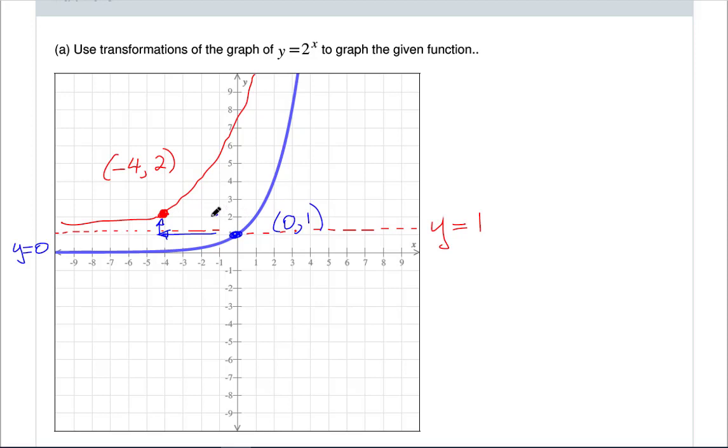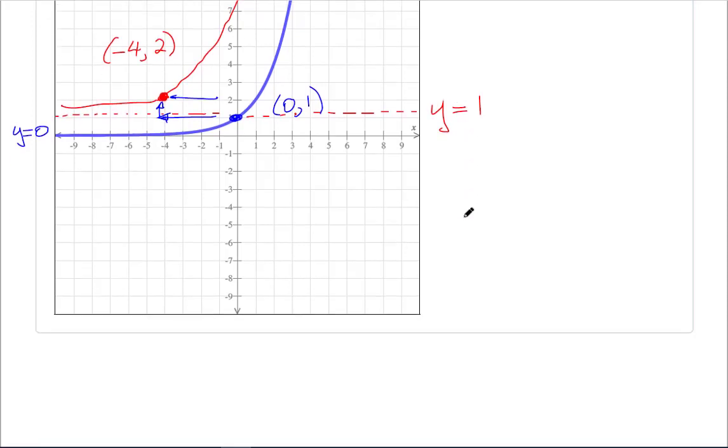Now this point has gone over and up to now minus 4, 2. Everything's moved up, so here's the old horizontal asymptote. We go up by 1, and so that's now at y is equal to 1.